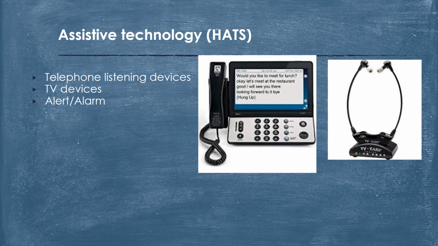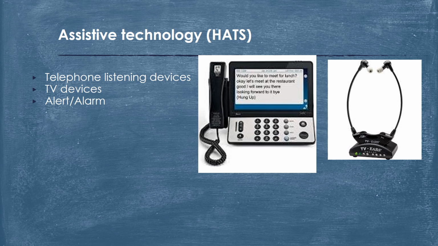Finally, we have hearing assistance technology that will help with telephones. So this is a CapTel device that types it out for them, but we can also have phones that are amplified telephones, and certainly there are ways to connect your phone directly to your hearing aid, whether it be hardwired or wireless. We also have TV devices, and this is probably the most famous one, TV ears over here on the right.